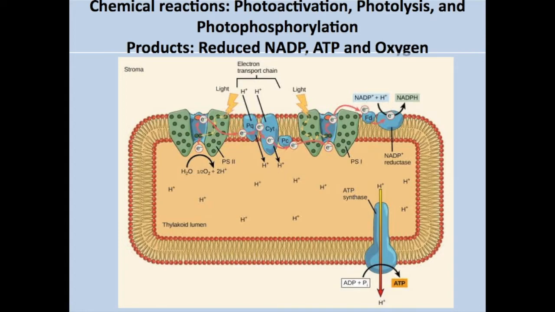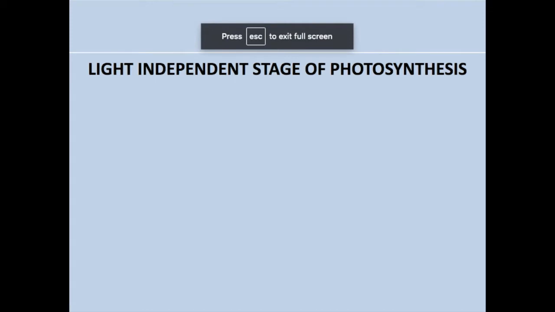Plastoquinone is the first electron acceptor. Plastocyanin is your protein that passes the electron to photosystem 1. Then pyridoxine is your first electron acceptor from photosystem 1. Okay, congratulate yourself if you understood that.